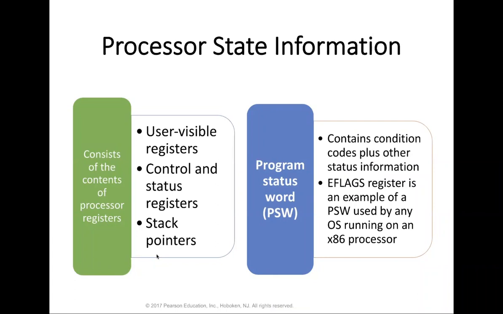When the process is interrupted, all of this register information must be saved so that it can be restored when the process resumes execution. The nature and number of registers involved depend on the design of the processor. Typically, the register set will include user visible registers, control and status registers, and stack pointers.